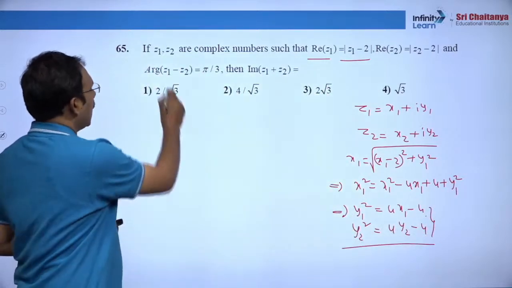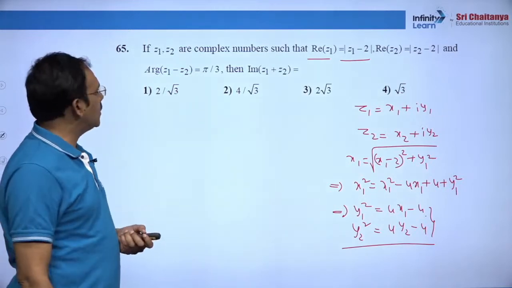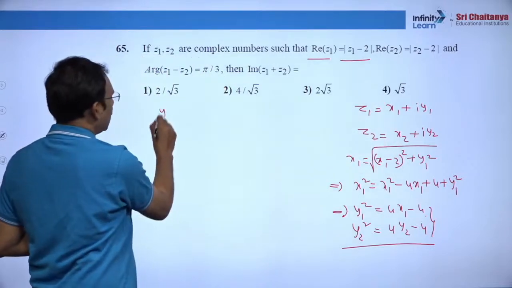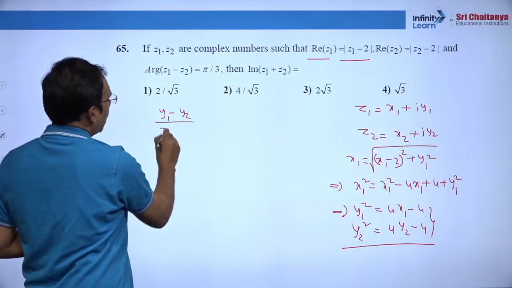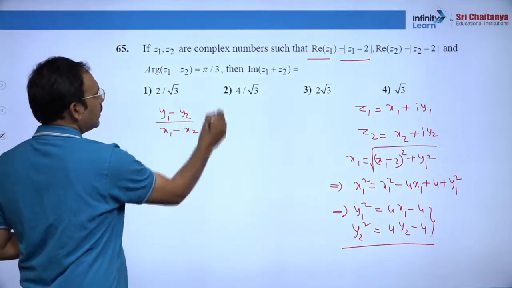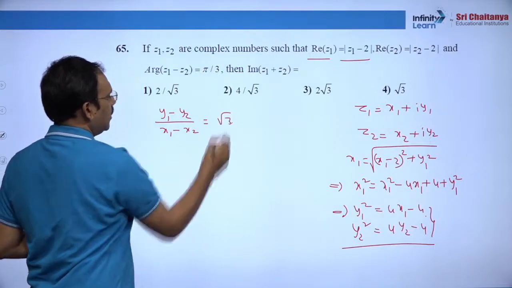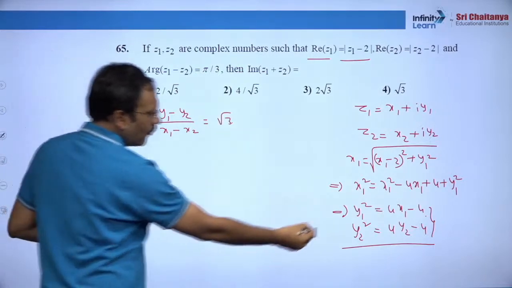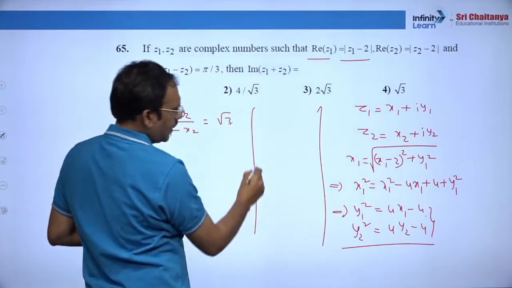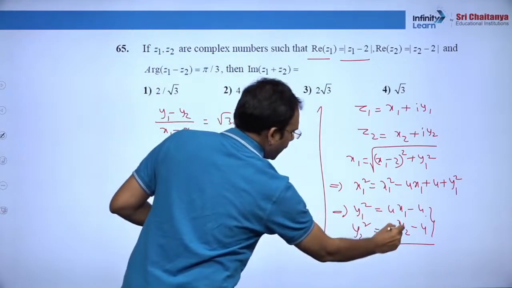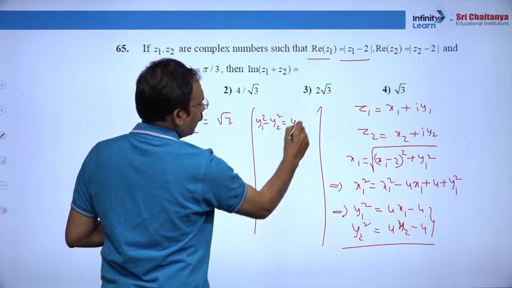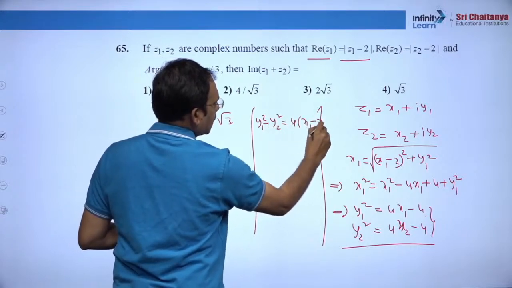Now, my dear friends, argument of Z1 minus Z2 is pi by 3. Z1 minus Z2's argument is nothing but the angle whose tan is y1 minus y2 by x1 minus x2. Tan of this angle is going to be tan 60 degrees, root 3. This is the point. Now, from this, if you subtract here, you will get y1 square minus y2 square is 4 into x1 minus x2.